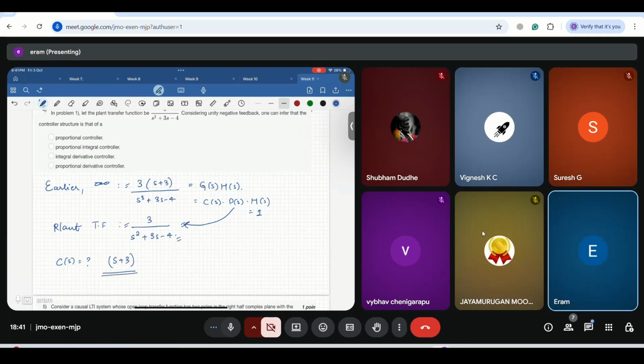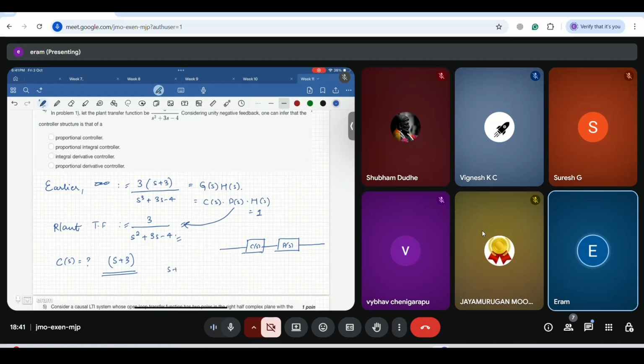Okay. So this is your PS, and this is your CS. These two are in series, so the transfer functions multiply, and we can conclude that the controller transfer function is S plus 3. So what type of controller is S plus 3?